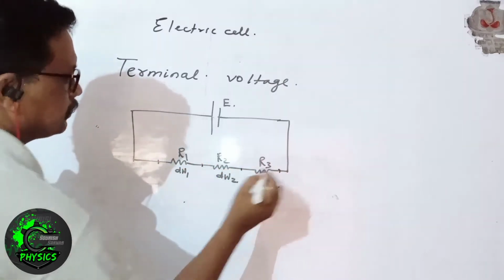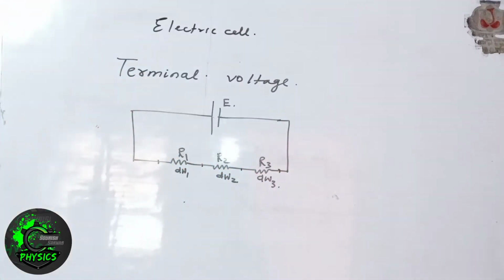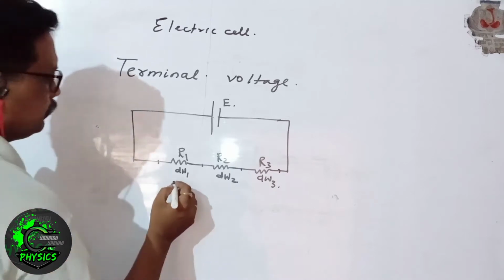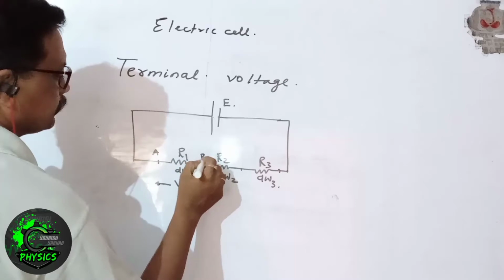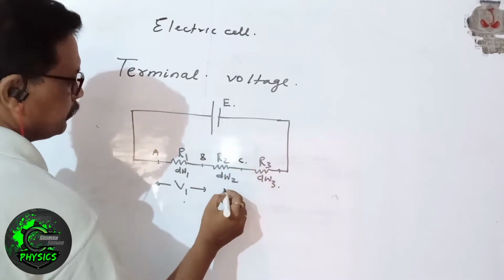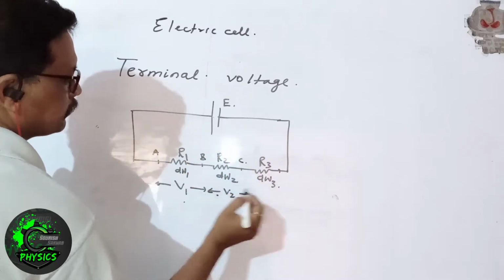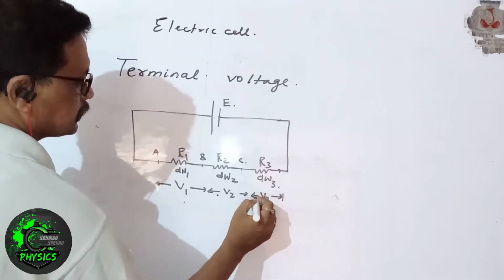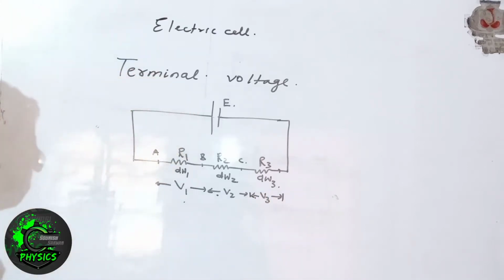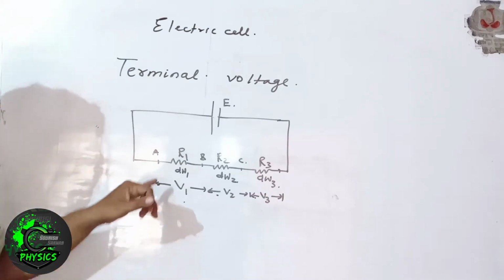Let us assume that V1 is the potential difference across the first resistance, V2 is the potential difference across the second resistance, and V3 is the potential difference across the third resistance.